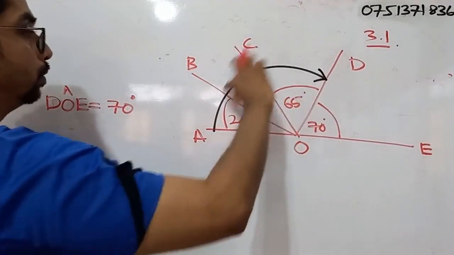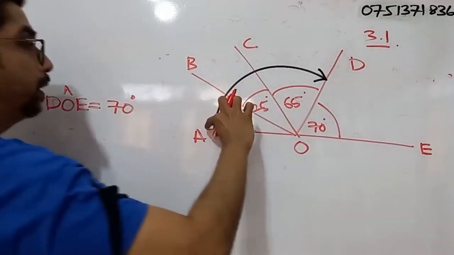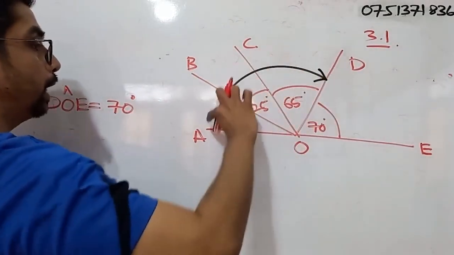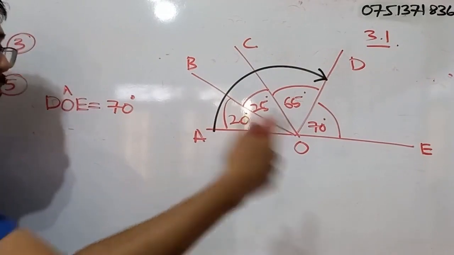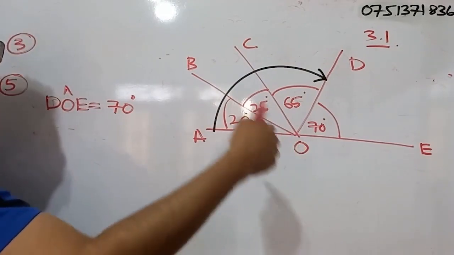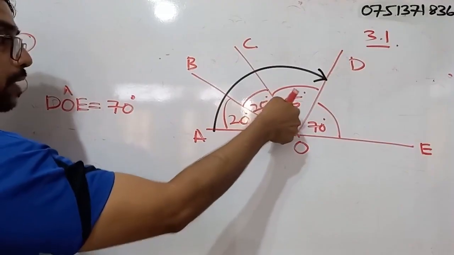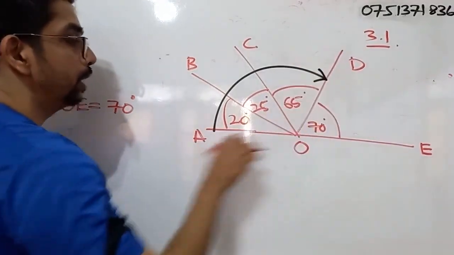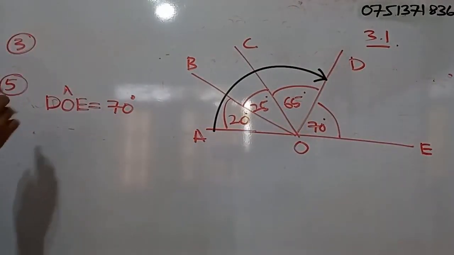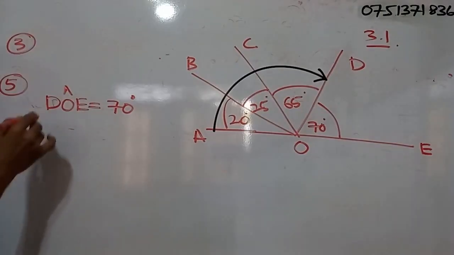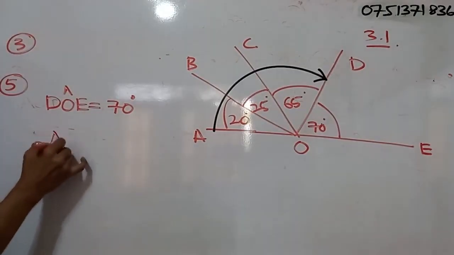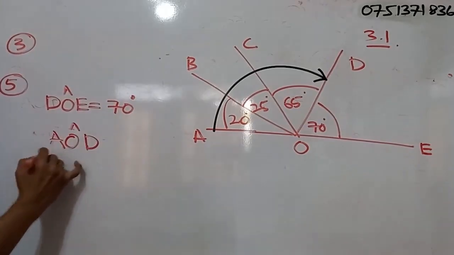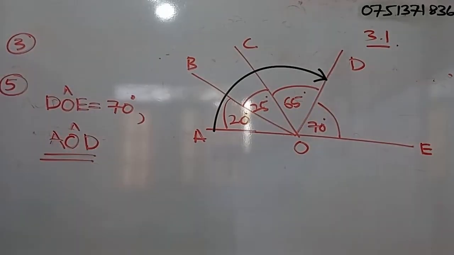When we add this whole thing to the 70, it sums up to 180. 20 plus 25 plus 65, that is 110. So what is that whole angle? AOD. So the supplement of DOE is AOD. That is the answer.